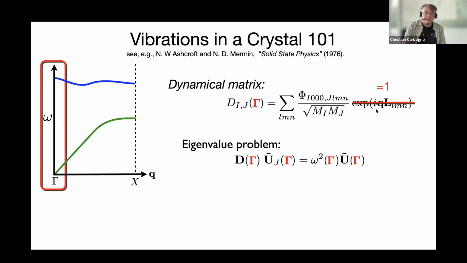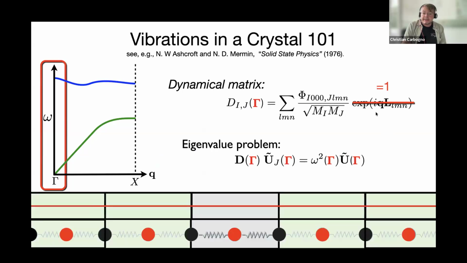So this means 1. What does it mean? This phase factor describes how different unit cells relate to each other. And since this is 1, gamma means all unit cells have to move in the same direction.